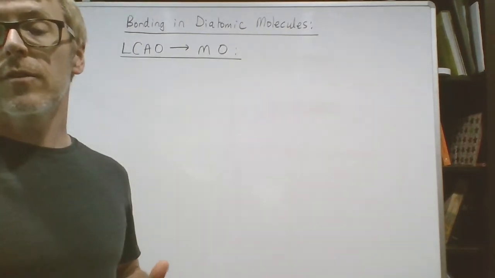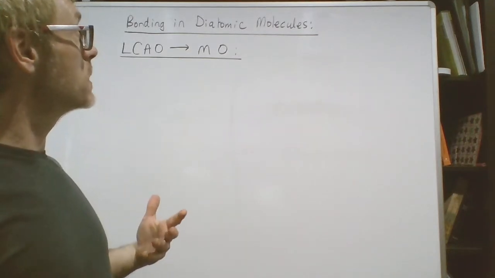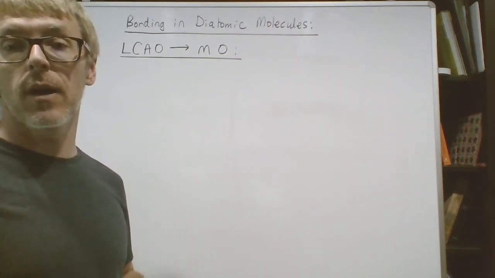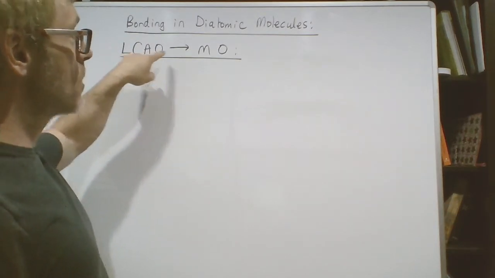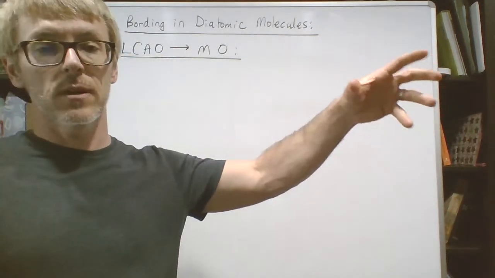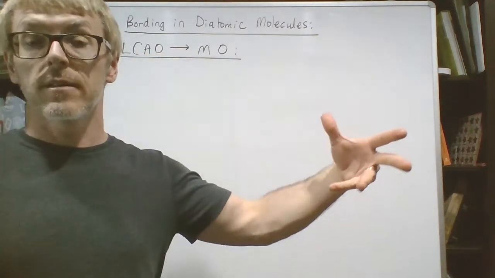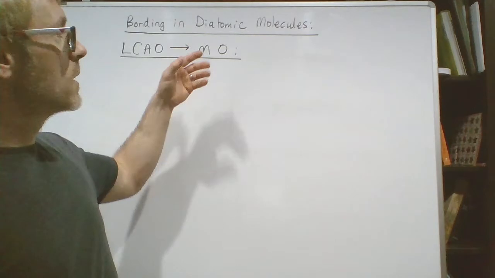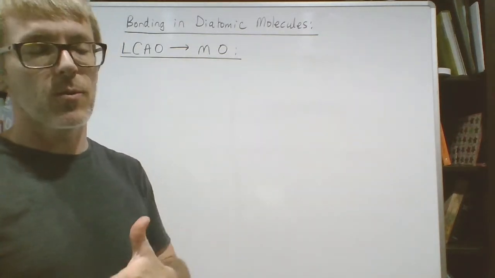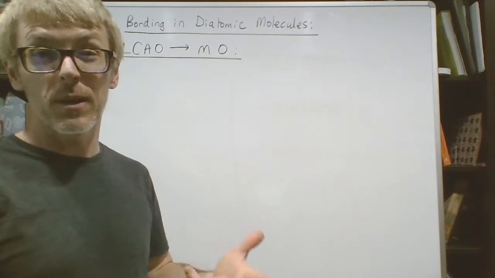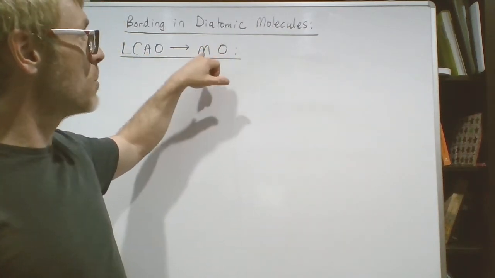So let's move on to look at what can happen in these bonds, whether they be homodiatomic or heterodiatomic. We're going to take a linear combination of atomic orbitals, so essentially two separate atoms which would have atomic orbitals, and we're going to take a linear combination, which means we just combine by superposition. So when I earlier said superposition, that would be a linear combination. But we're going to then go from the atom to the molecule.